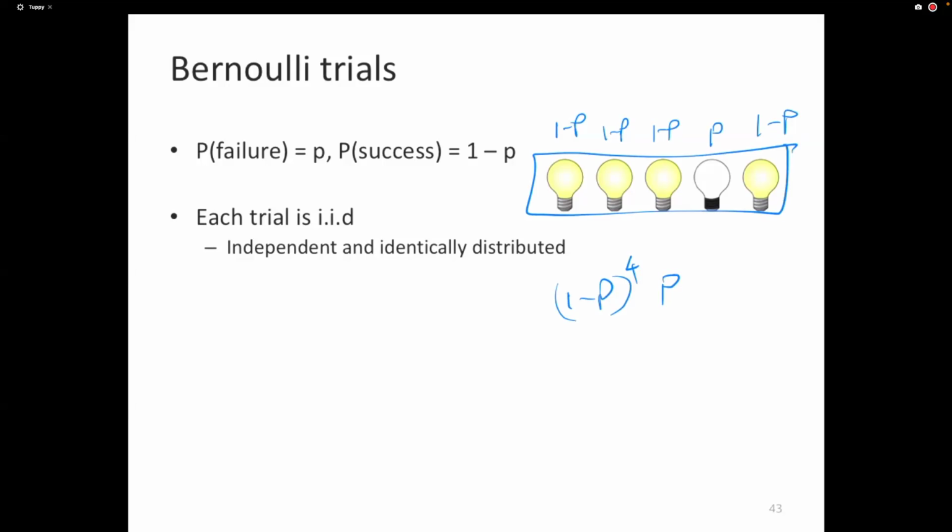Maybe the failure happened in the first position or the 5th position. Those are all the same. So the failure could happen anywhere. So let's say 5 choose 1 times, that's choosing where that failure shows up. So this is the probability of 4 successes and 1 failure.